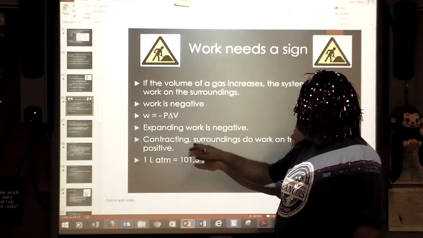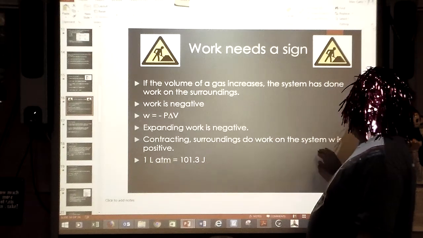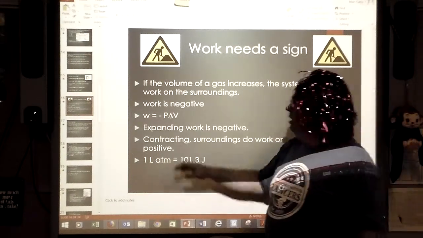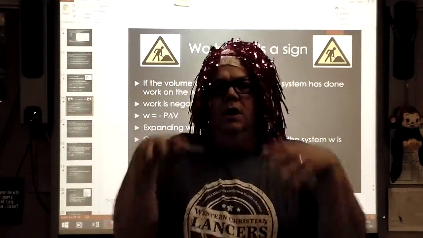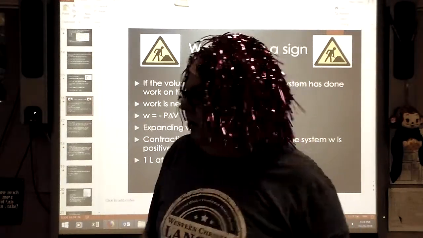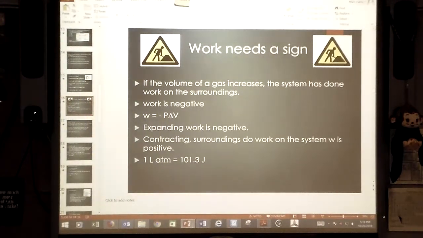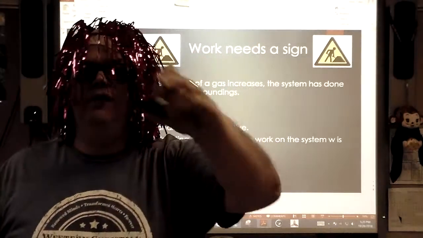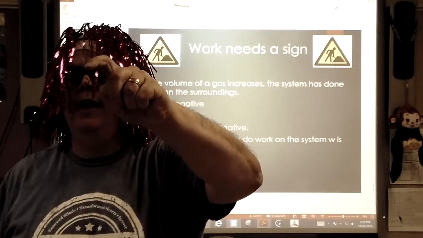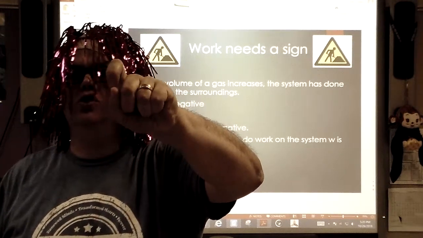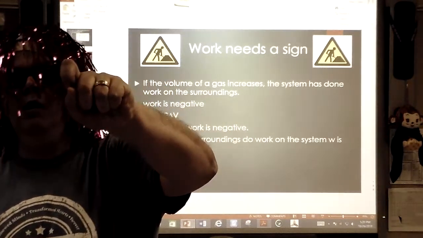So contracting, surroundings do work on the system when W is positive. If something is contracting, it's shrinking, okay? If we're looking at my friend little Ducky here, and it's contracting, well, what am I doing the work on?